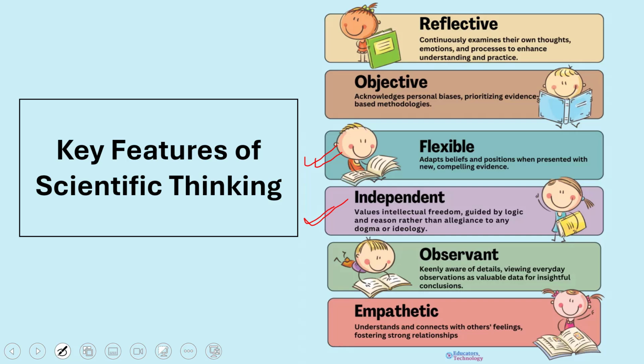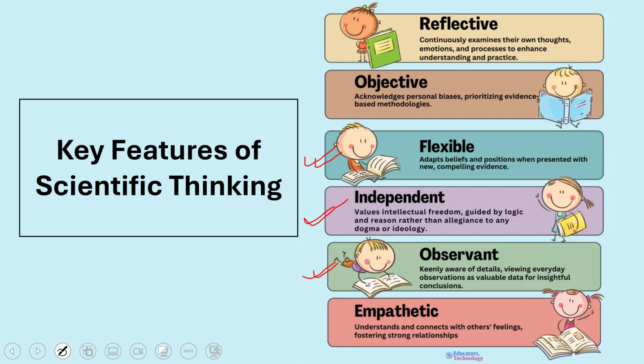We should be able to develop independent thinking and not think in association with groups, communities, or society that we come from. So it's all about leaving your beliefs behind and trying to find new science or new information based on new observations, new experimentation, and data.